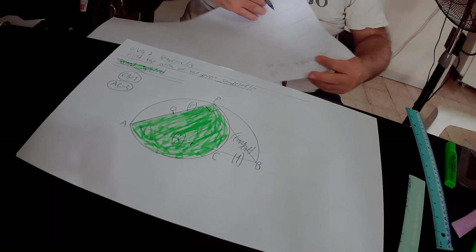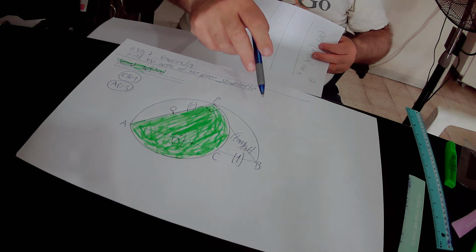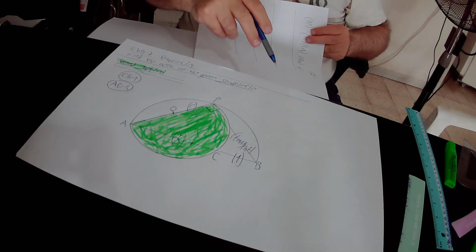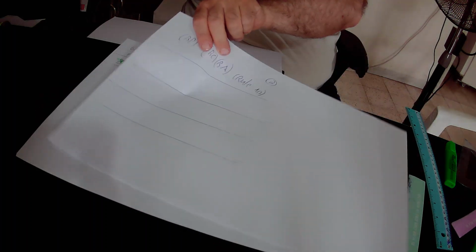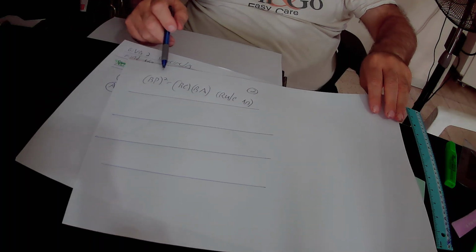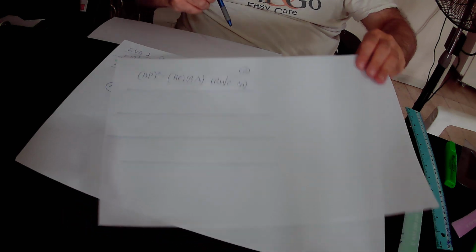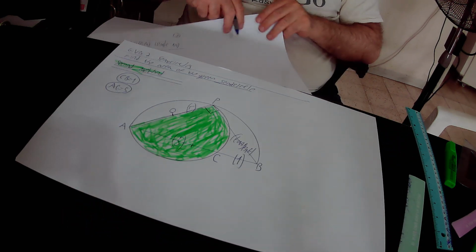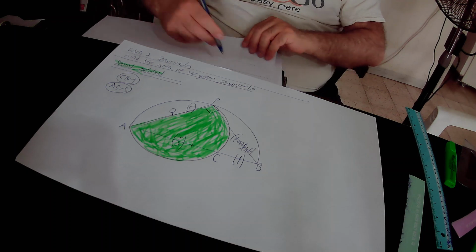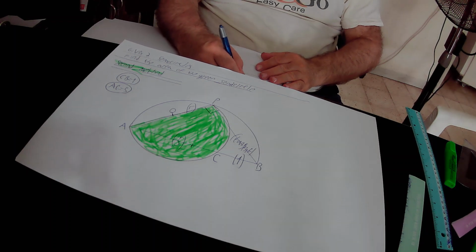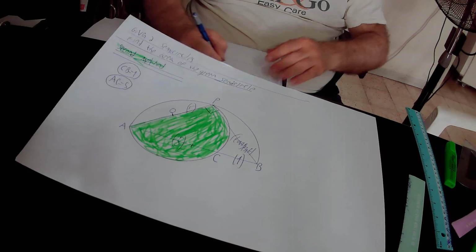Repeat again, according to rule 10, if you focus on this common point B, the following equation will be true: BP squared equals BC times BA. BP is the missing side, so we leave it as it is. BP squared equals BC.